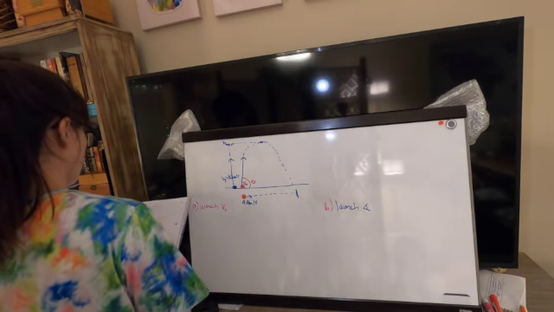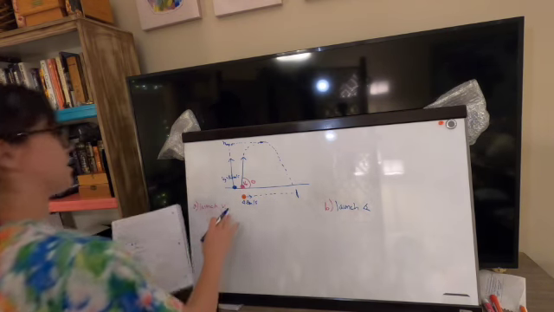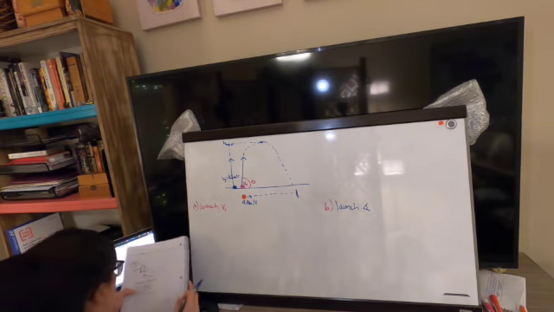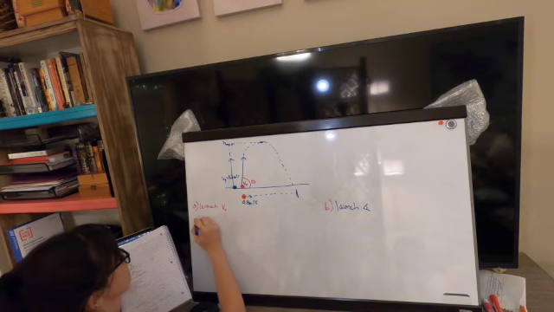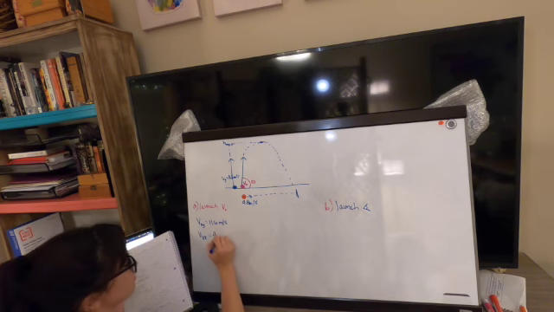So you're going to list your known variables to first find v0 of the red ball. And our variables are v0y equals 11.6 meters per second, and v0x equals 4.8 meters per second.